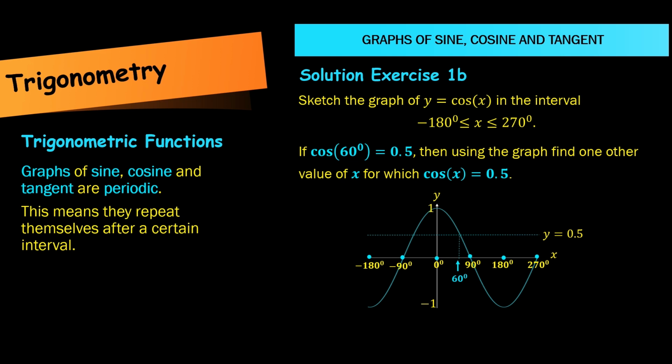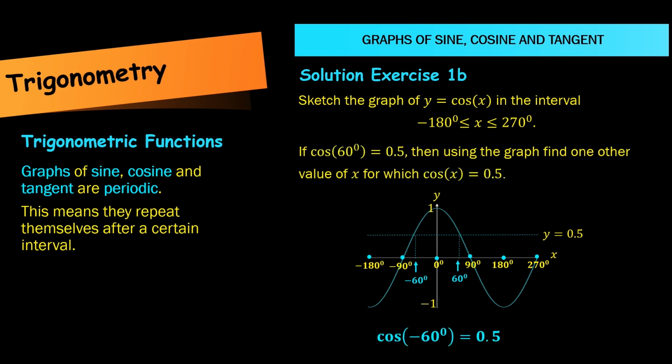As you can see, it cuts the graph of cos x twice in this diagram, once at 60 degrees and once at minus 60 degrees. So cos of minus 60 degrees is equal to 0.5.